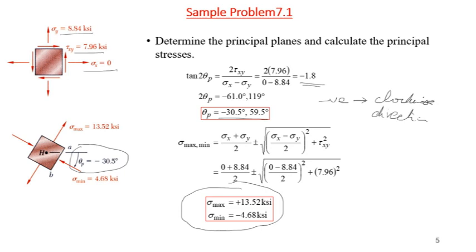Sigma max corresponds to this sigma y direction, and sigma minimum is over here, and it's compressive in nature. These are the maximum and minimum normal stress at point H. If it's a brittle material, we have to consider this sigma maximum. If it's a ductile material, then we have to calculate maximum shear stress. Okay, let's see.